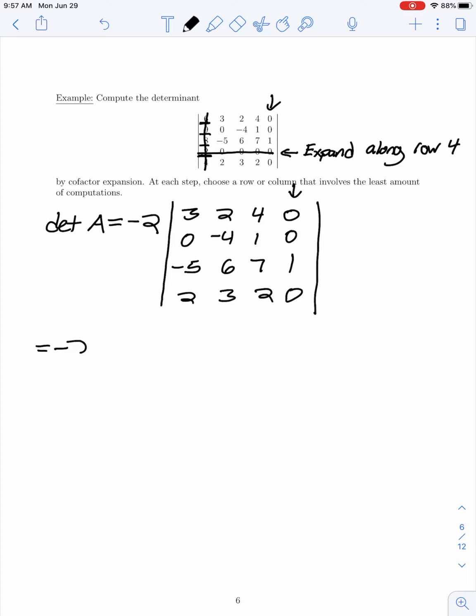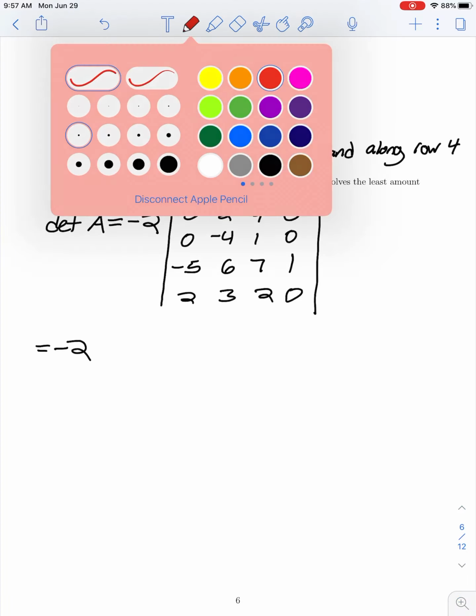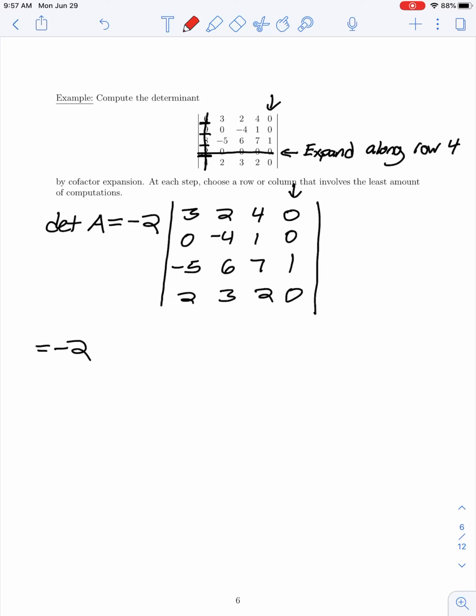So we had our constant -2, and for this expansion, let's look at what sign we have. So we would start with a plus, minus, plus, minus, plus, minus. So we're going to multiply here by that entry -1. And we have, for every other entry in that fourth column, all 0.